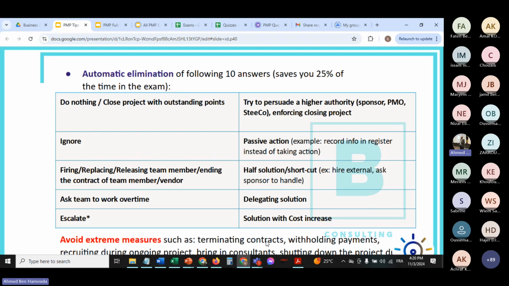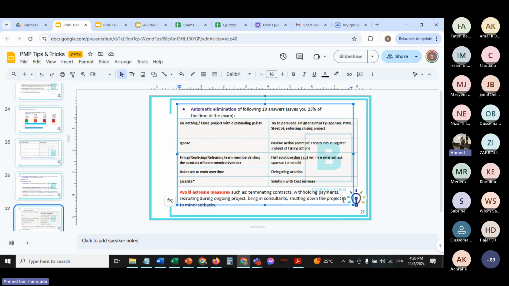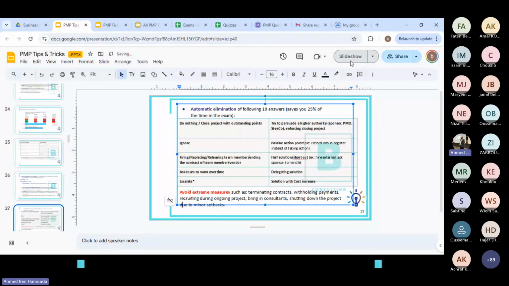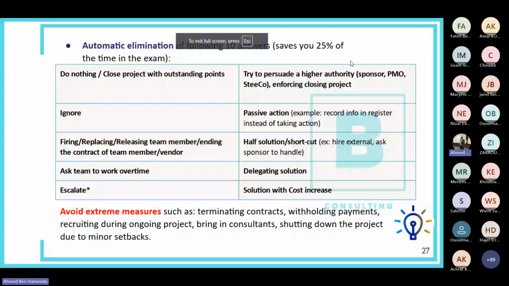Okay, if you have a minor setback, a minor issue, for example, that doesn't necessarily require shutting down the project. You don't need to shut down the project just because of a minor setback. For example, we were not able to complete all the story points in a sprint. Okay, it's got an impact, but that's not a reason to shut down the project. So avoid shutting down a project due to a minor setback.